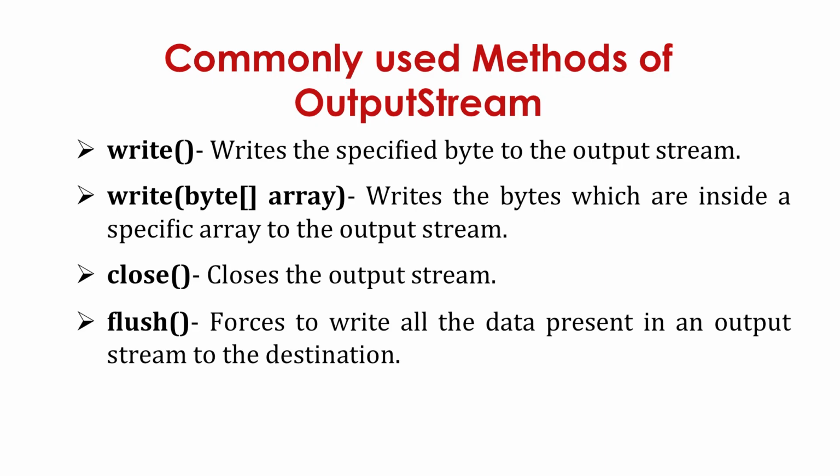The next method is also write, but this write method takes one argument, while the earlier write method does not take any argument. That is an example of function overloading also. The write method which takes an argument in the form of an array writes the bytes which are inside a specific array to the output stream.